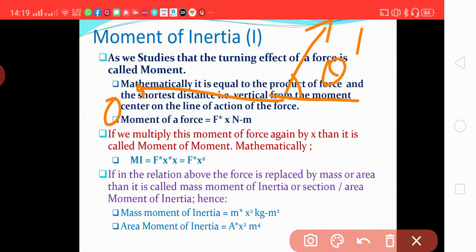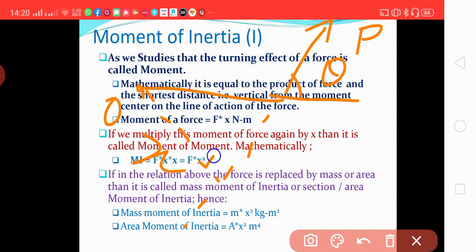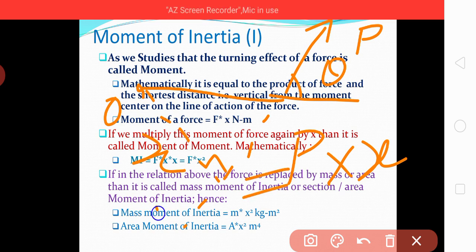If you extend backward the line of action of the force and draw a vertical over it, and this is x, then it will be defined as P into x, that is moment M.